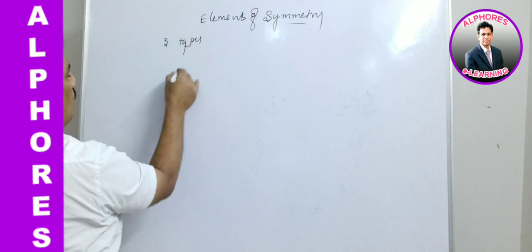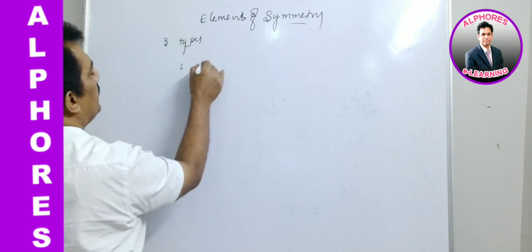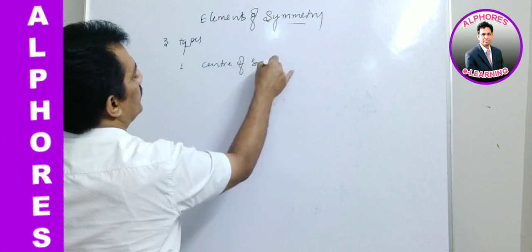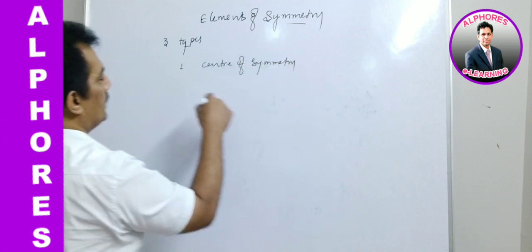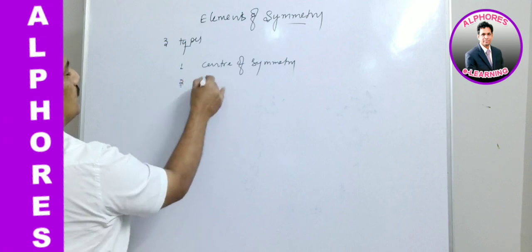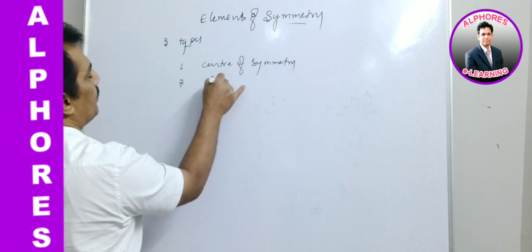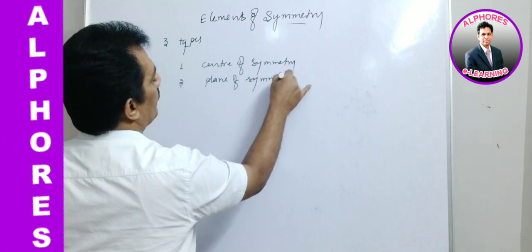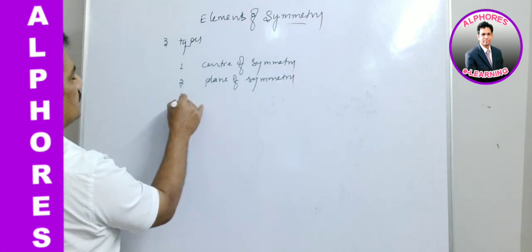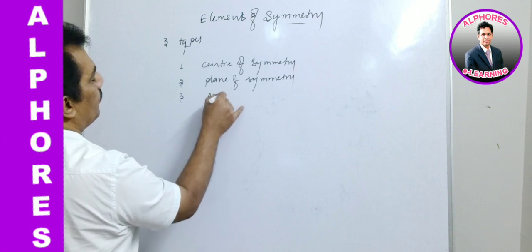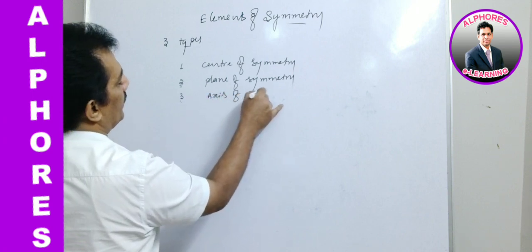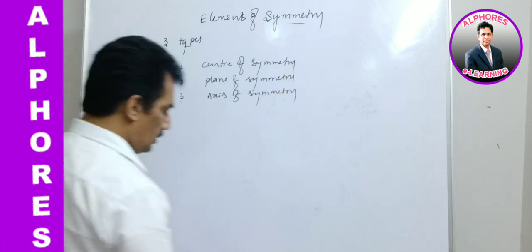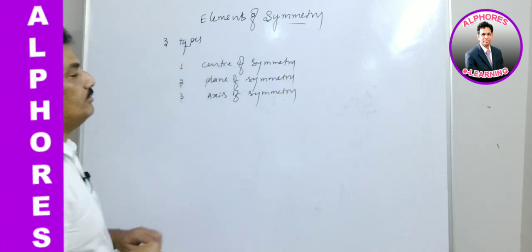They are: 1. Center of symmetry, 2. Plane of symmetry, and 3. Axis of symmetry. These are the three elements of symmetry.